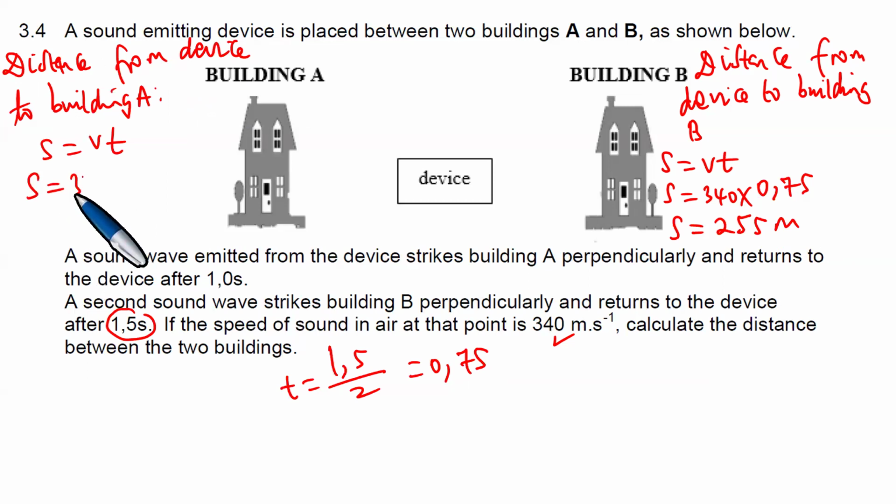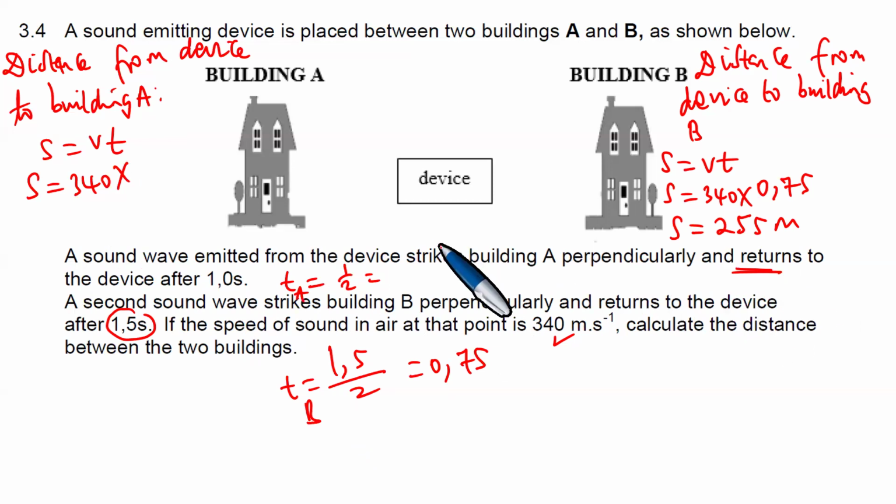The speed is 340 of the sound, but the time now for the device strikes building A perpendicular and returns to the device after 1 second. So the time associated with A is going to be 1 divided by 2, because you are thinking about the return.